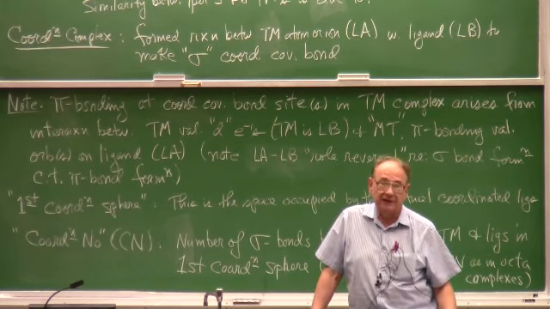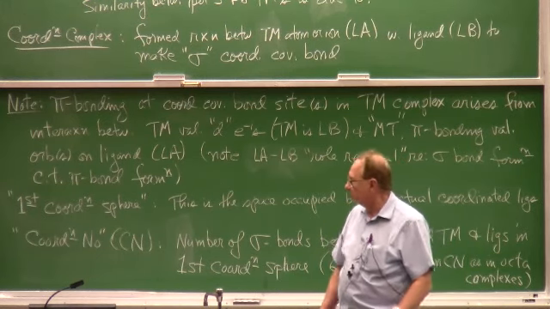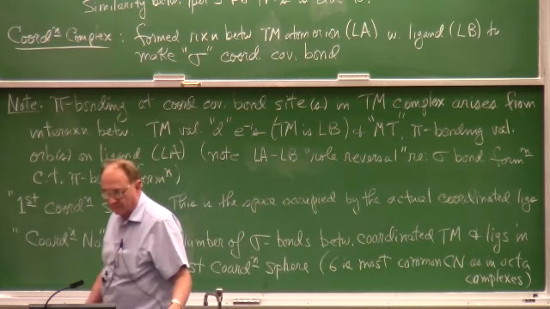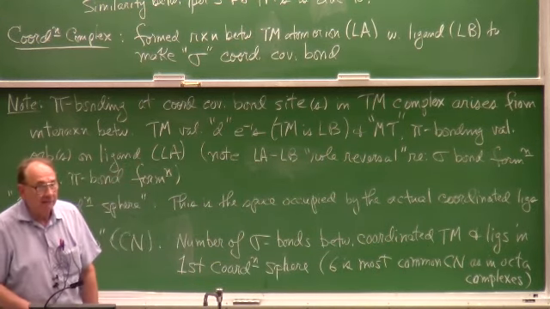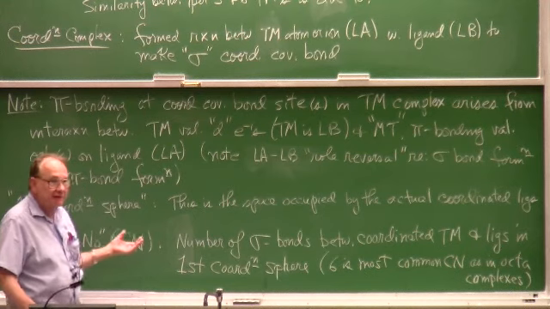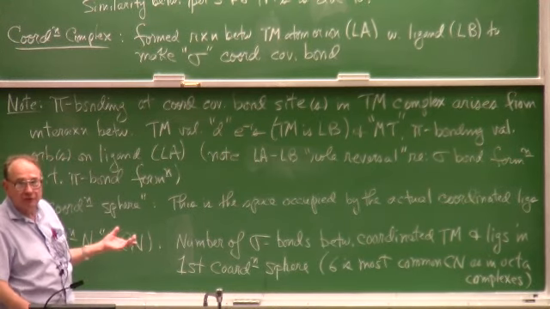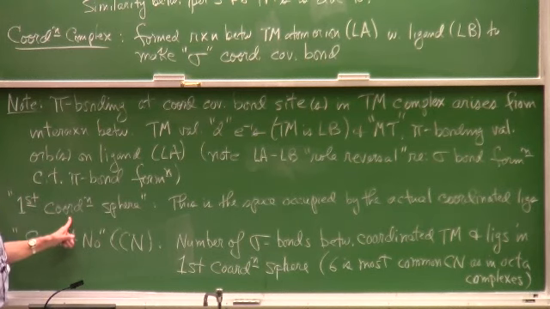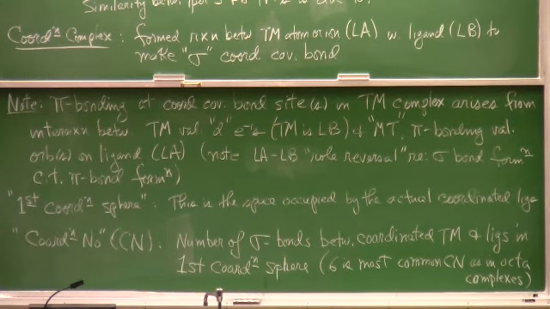We'll of course pay attention to that. But beyond that, we don't care about the second coordination sphere or even third coordination sphere, etc. language. So I'll put this on here if for no other reason. It's stated in the notes.